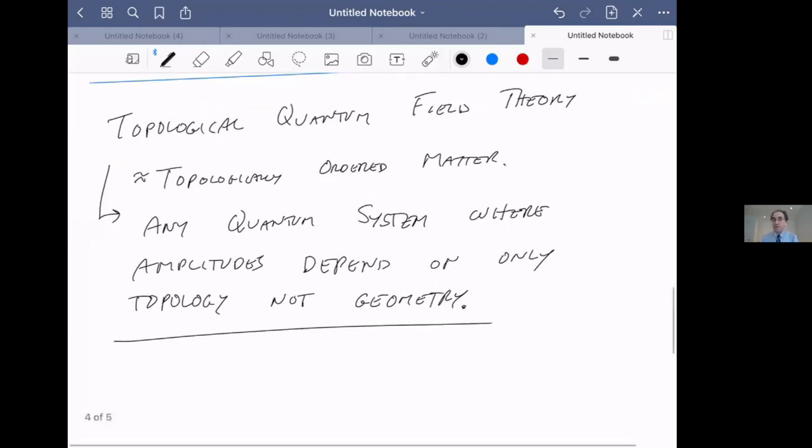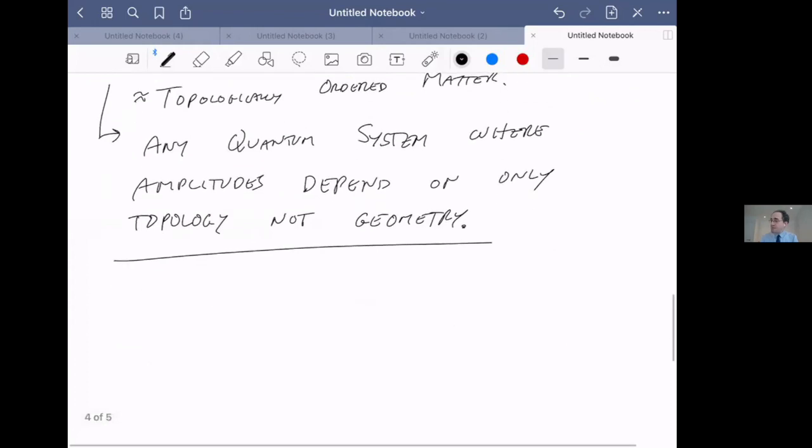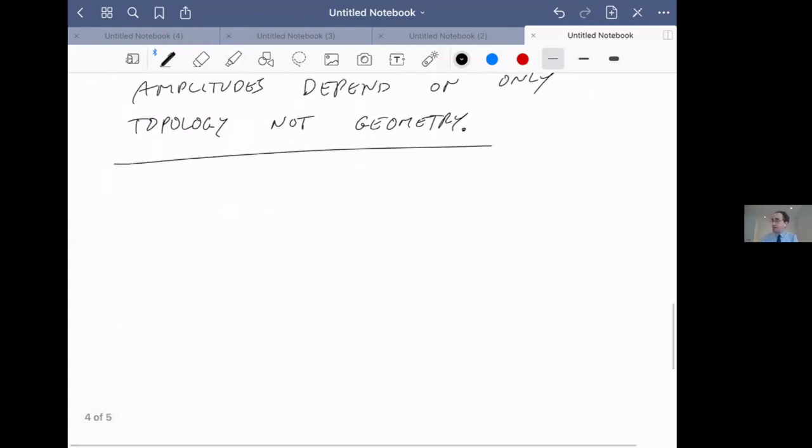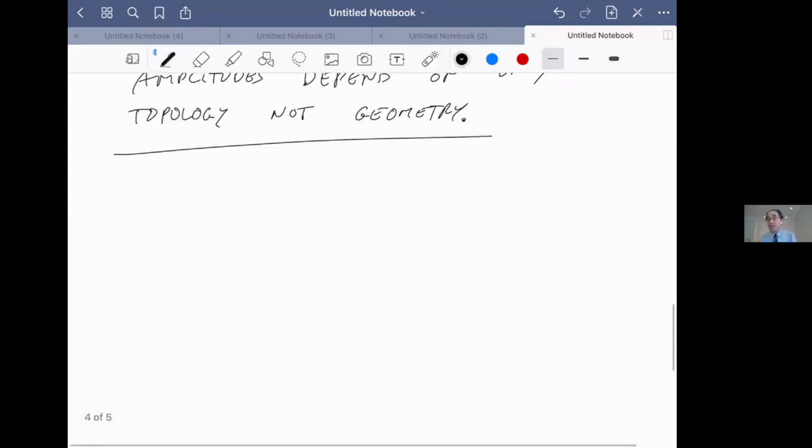It probably sounds confusing right now, so let me see if I can explain it a little more. Every diagram I'm going to draw from here on, I'm thinking about the following situation. We're imagining a two-dimensional system. We'll think of it as a disk, like this. I'm going to draw time going vertically.